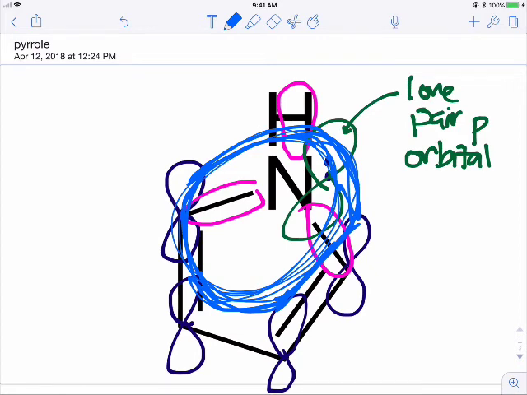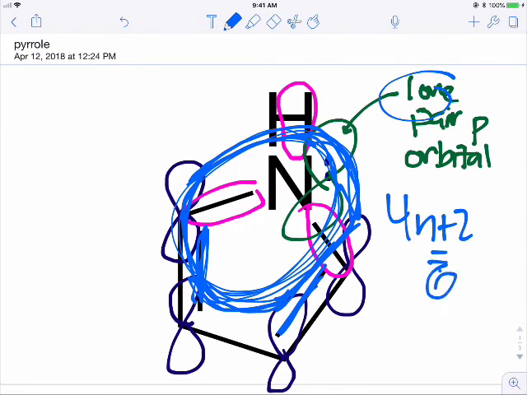And how many electrons do we have in that pi system? Again, we've got 2 from the double bond there, 2 from the double bond there, and 2 from the lone pair. That's 4n plus 2. It's 6 pi electrons. So this guy, pyrrole, is also aromatic.